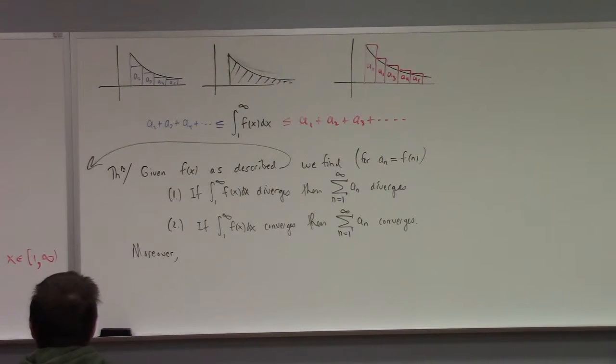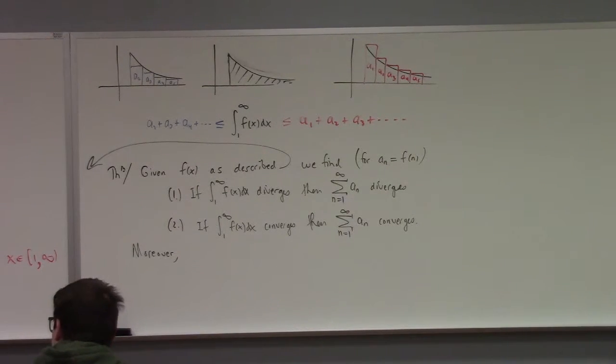Well, let's see, how to say this. If the area under the black curve is finite, then the sum n equals 2 to infinity clearly is less than that, right? So if I just add a 1 to that, that gives me the whole series. So if something converges and then I add one term to it, it's still convergent. So you're right, it's not a direct comparison, there's an extra logical step there.